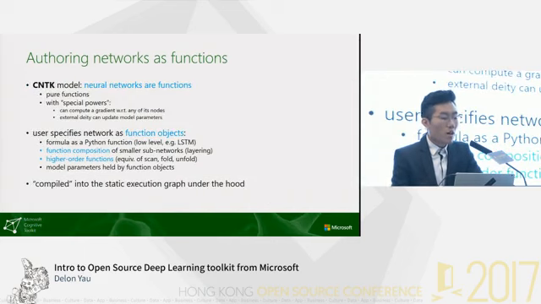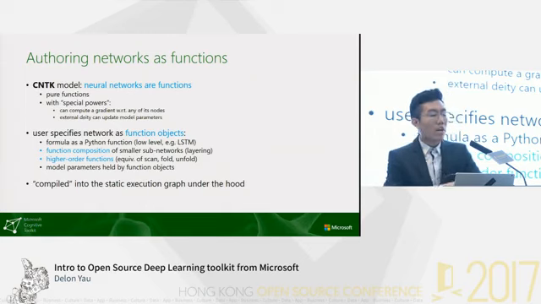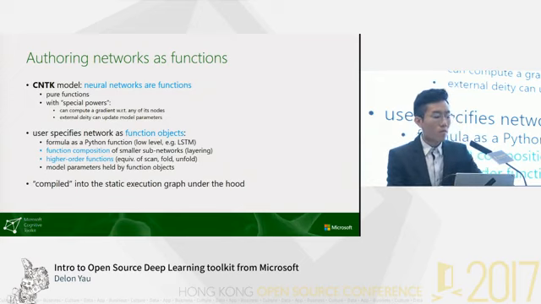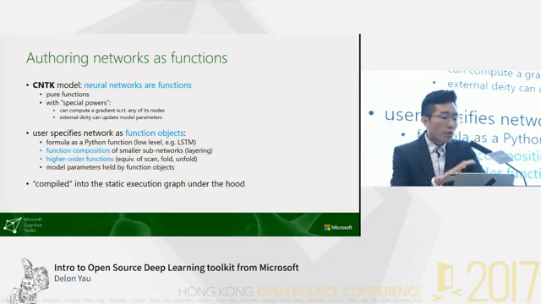The key differentiator of our CNTK models is that they are pure functions, with what we call special power. They can compute a gradient with respect to any of their nodes, and also an external entity can update the model parameters. As I talked about, in CNTK we often talk about functions.